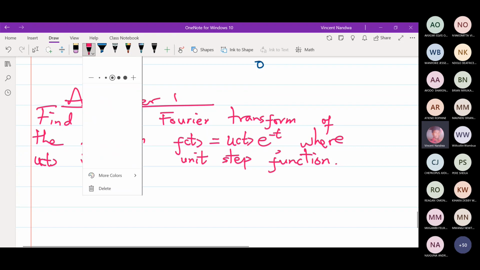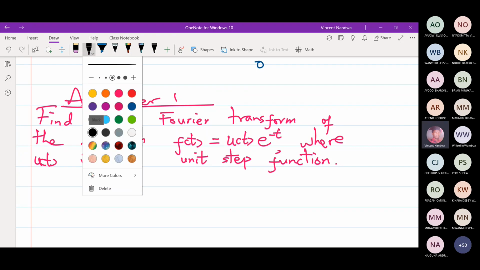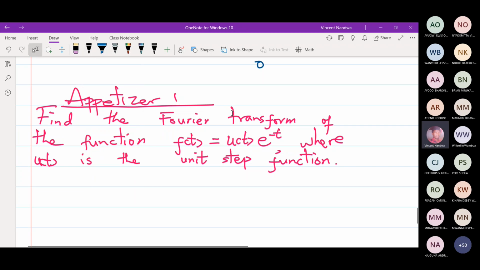So this is the first appetizer problem, to find the Fourier transform of this function given by the unit step function times e raised to power negative t.